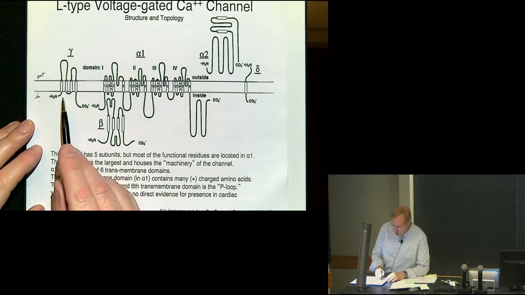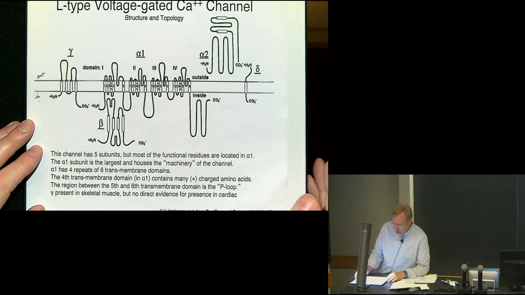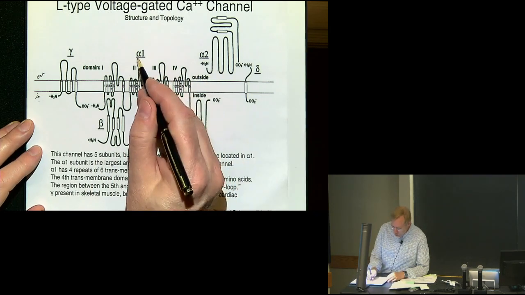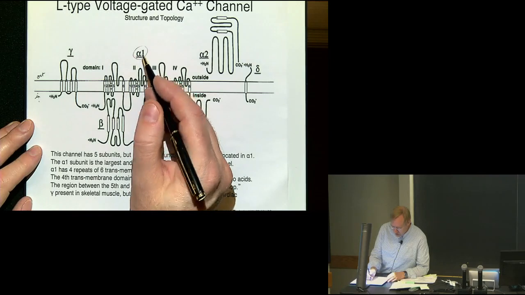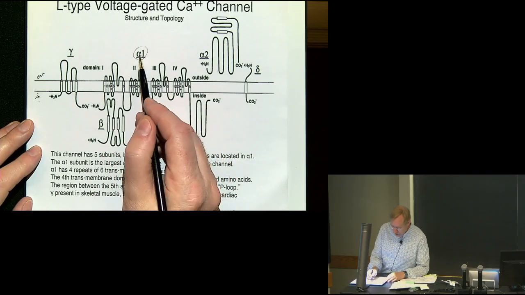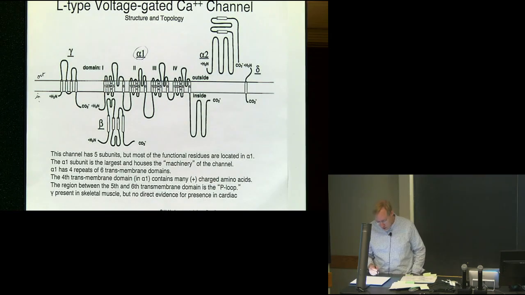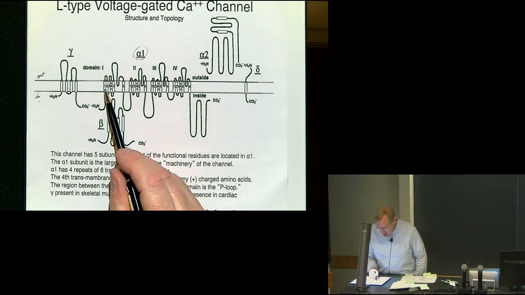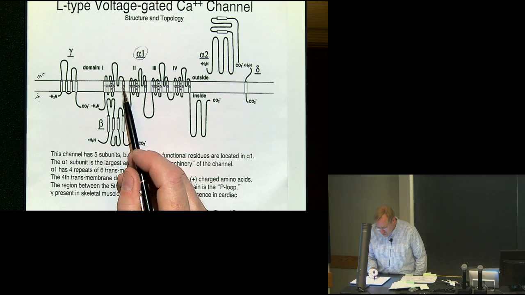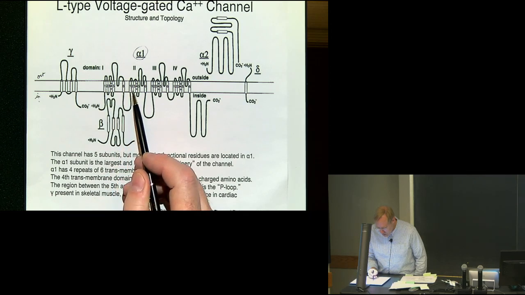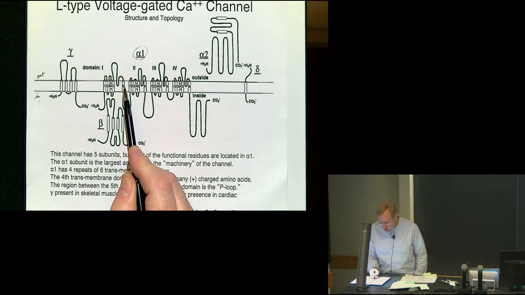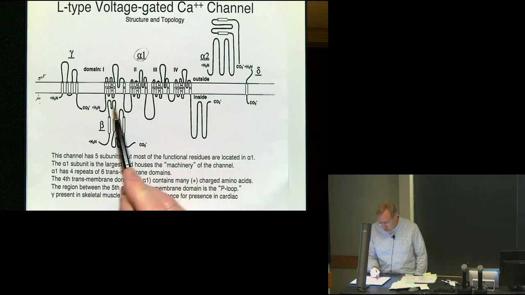This channel actually is made up of 5 different polypeptide subunits, but the most important one that has all sort of the functioning bits of it is this alpha one, and it's the largest, has the machinery that makes it work. And this is kind of interesting. It actually has 4 repeats of what was predicted to be these 6 transmembrane spanning domains. So repeat 1, 2, 3, 4, all attached together.